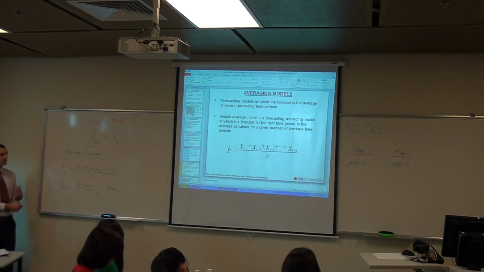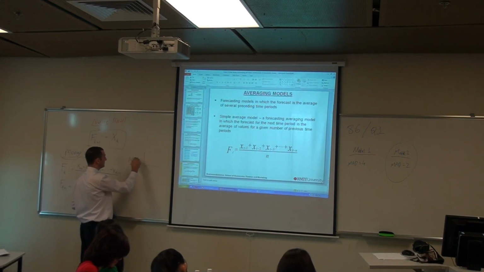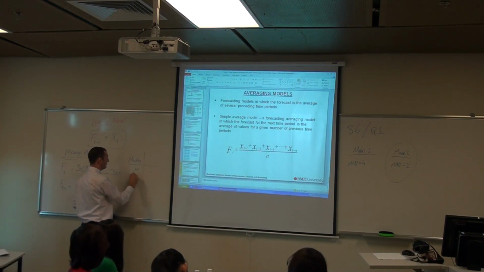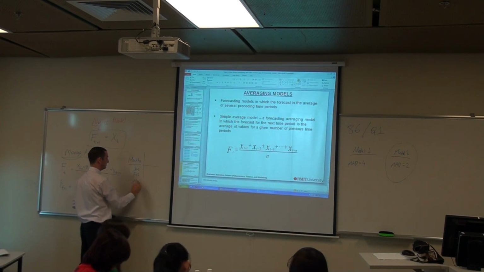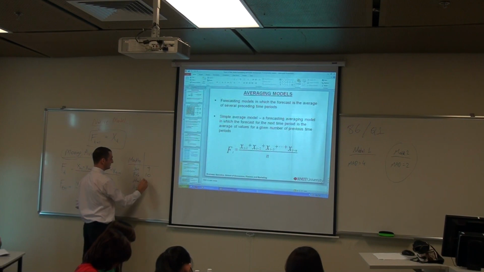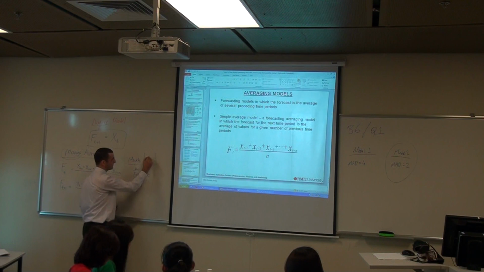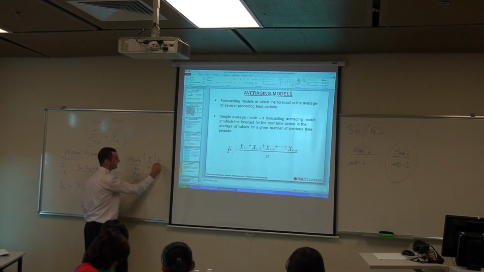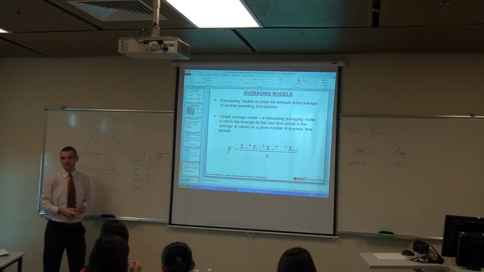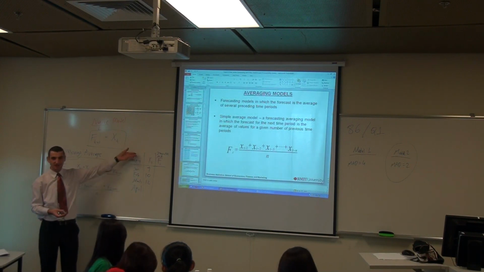So for example, I have months: January, February, March, April, with observed values of 9, 10, 12. Actually, I want to forecast with a 3 months moving average. A 3 months moving average means I have to go back 3 months, right?